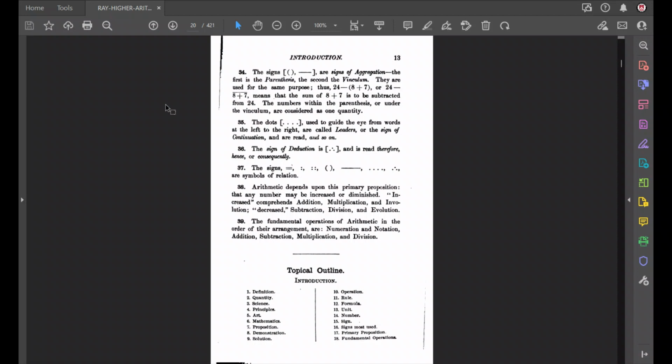So we would say 24 minus the sum of 8 and 7, and then find the answer, 9. But you see how we solved what was inside the parenthesis first? The parenthesis shows us that this is to be treated as a separate quantity. And this is going to be very important in algebra. In some problems, this actually changes the outcome of the question.